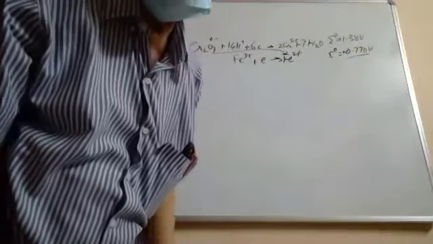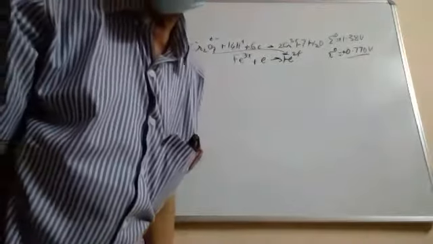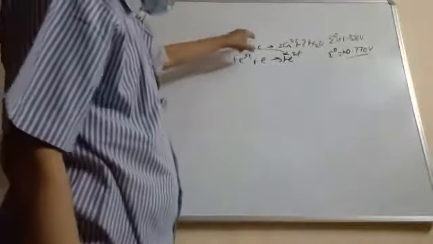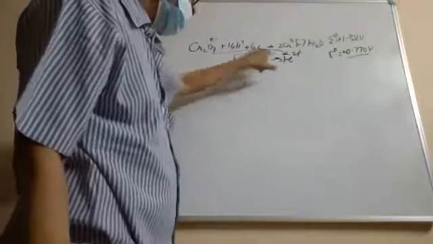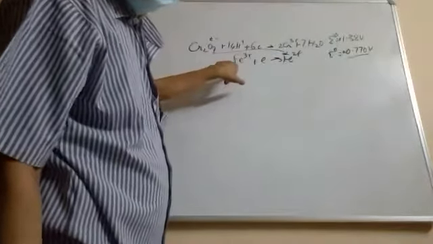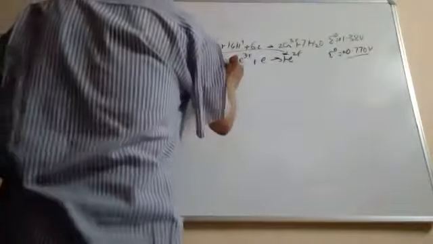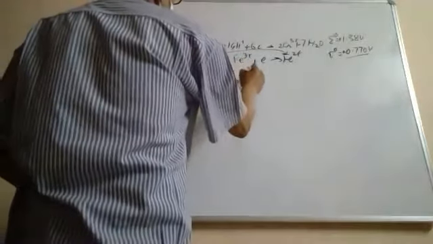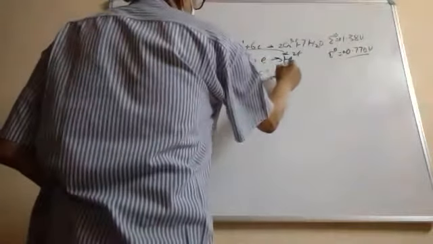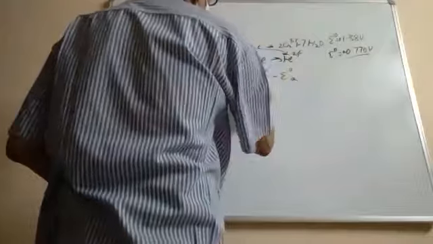To answer that question, we need to again write the cell potential for the overall reaction where the dichromate gets reduced, so it's the cathode, and the iron gets oxidized to iron 3+, that's your anode. So your overall cell potential will be E of the cathode minus E of the anode.